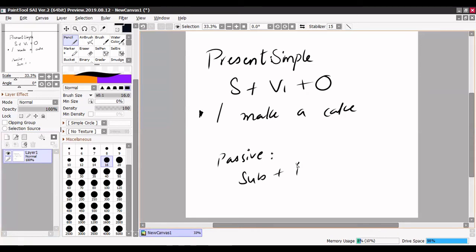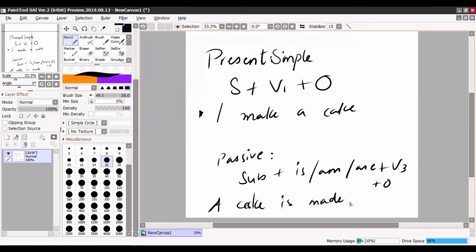And it becomes a cake is made. And then always remember, in order to denote the doer of the verb, the subject, we always use by in passive.